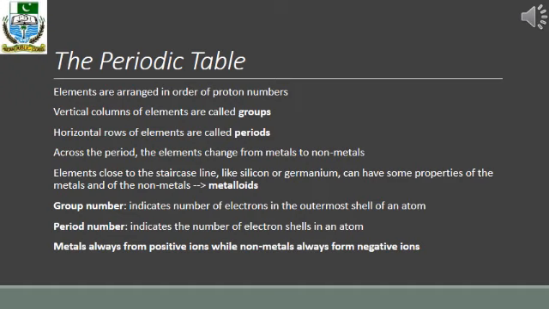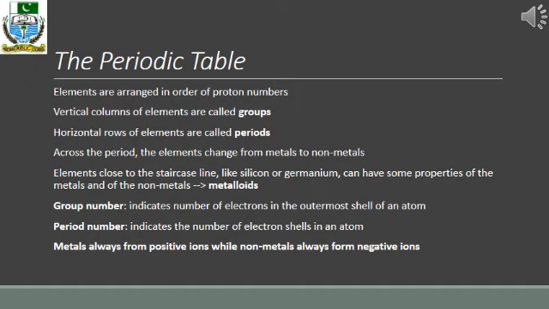Now, how can a periodic table help you to write or to understand the electronic configuration of any element? Group number and period number are very important in this case. Group number indicates the number of electrons in the outermost shell of an atom, and the period number indicates the number of electronic shells.